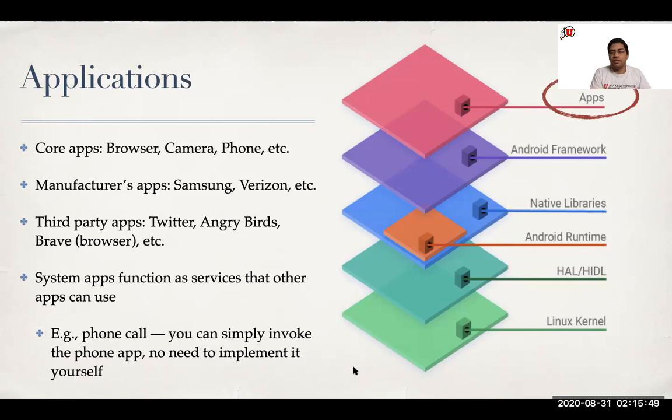And you as a developer don't have to reinvent the wheel again and again for all these different purposes. So that way, the system apps serve as a service in addition to serving as the app itself.